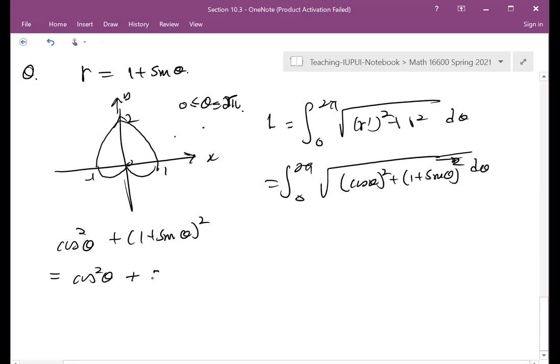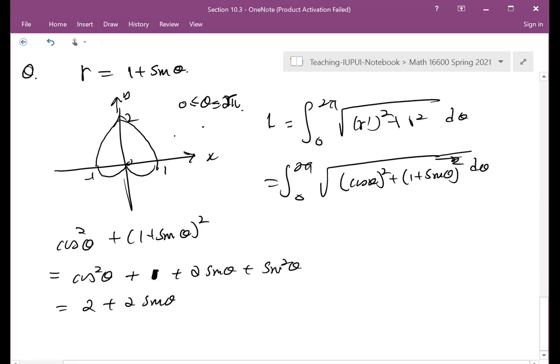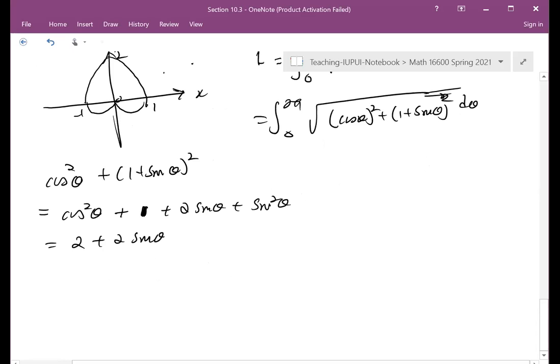complete the computations. 1 plus 2 sine theta plus sine squared theta. So cosine squared plus sine squared is going to be 1. 1 plus 1 is 2. So it's 2 sine theta. Now I have to express this as a square.